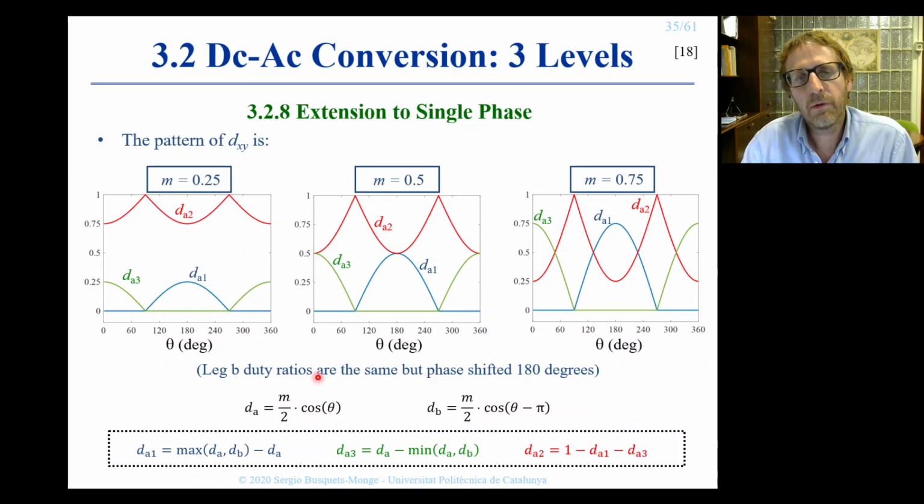Leg B duty ratios will be the same as leg A duty ratios, but phase shifted 180 degrees, and can be computed with the same type of equations.